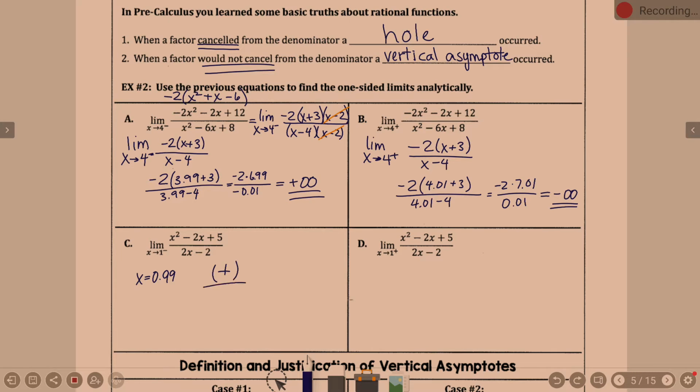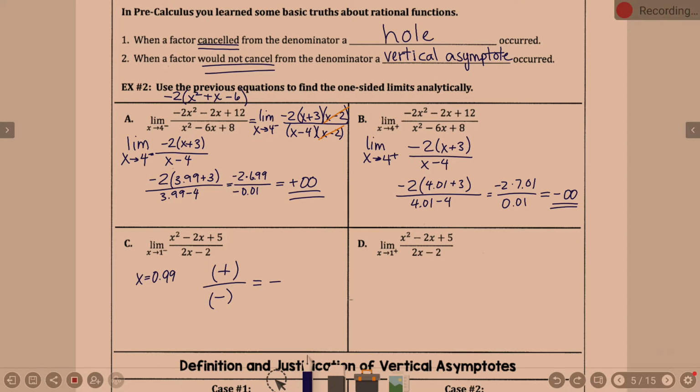Now, on bottom, when you do 2 times some number that is almost 1, but not quite 1, and you subtract 2, what kind of value are you going to get there? A negative. So what is a positive divided by a negative? Agreed, negative.